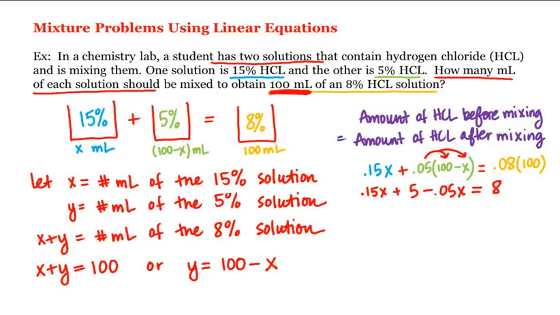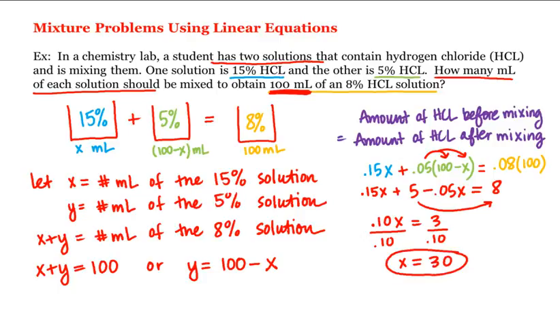And combining the X terms on the left-hand side and bringing the 5 to the right-hand side gives us 0.10 times X is equal to 3. And now dividing both sides by 0.10 gives us that X is equal to 30. And if X is equal to 30, we can plug that in over here, which gives us Y is equal to 100 minus 30, or 70.